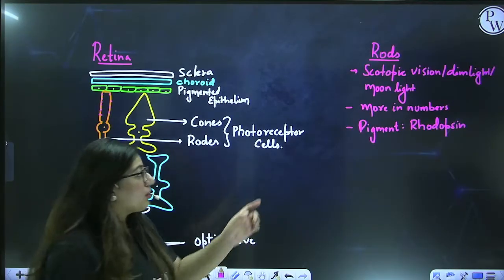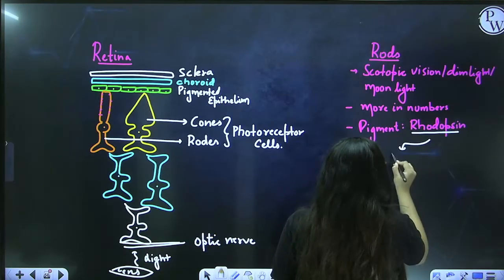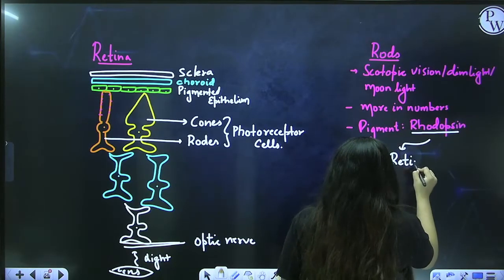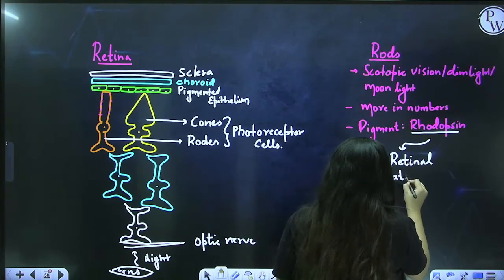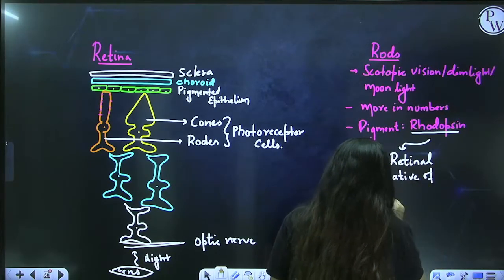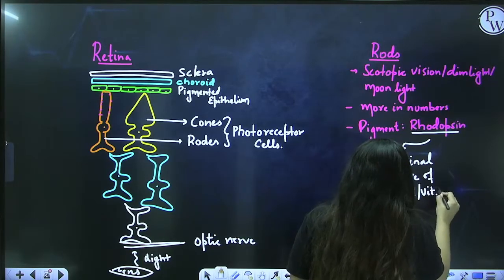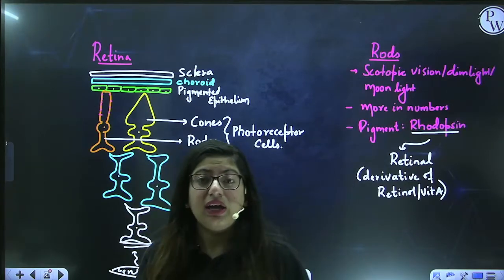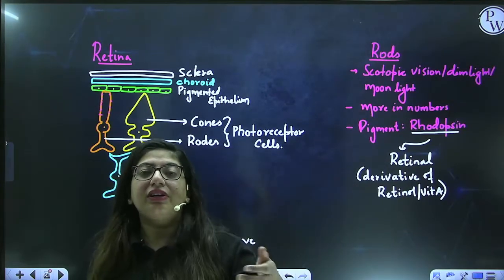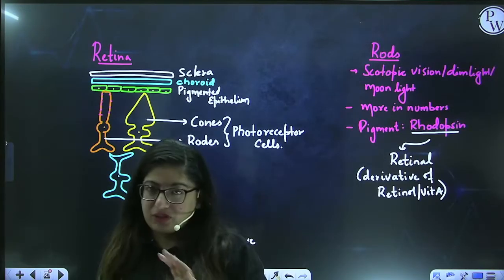Let's see. These pigments are generally made up of two things. One is retinal. Retinal is a derivative of vitamin A, which is retinol. What is retinol? Vitamin A. Vitamin A is formed in your liver from beta carotene, and later on it gets converted into retinal, which is an important pigment of your rhodopsin and iodopsin both.